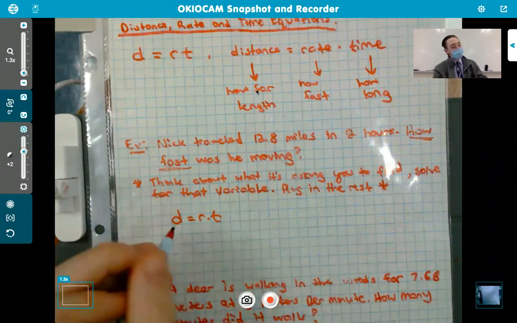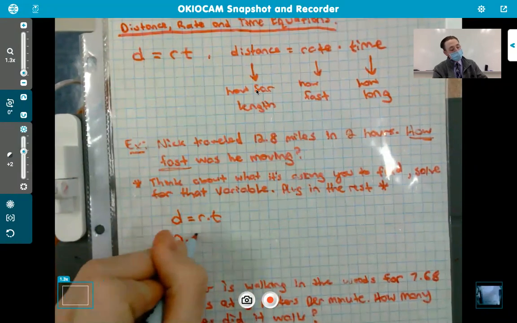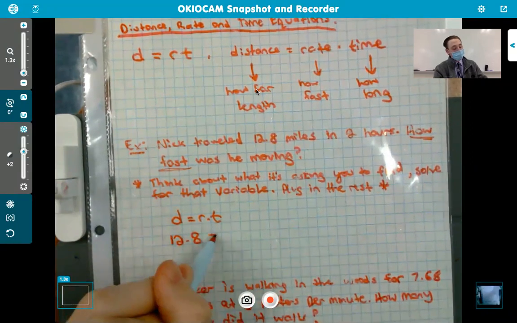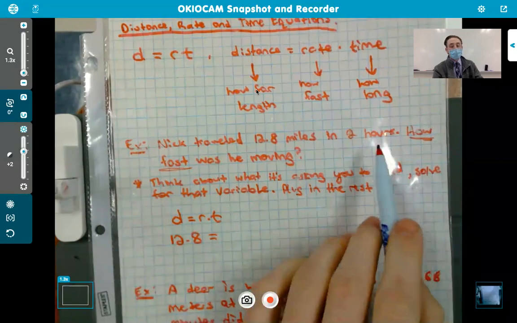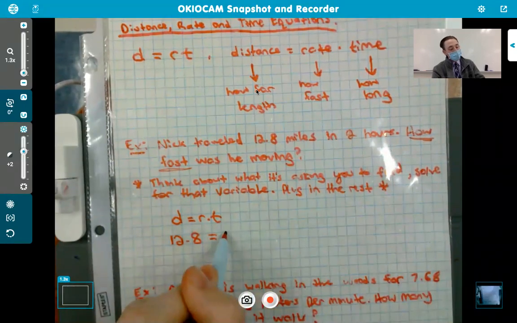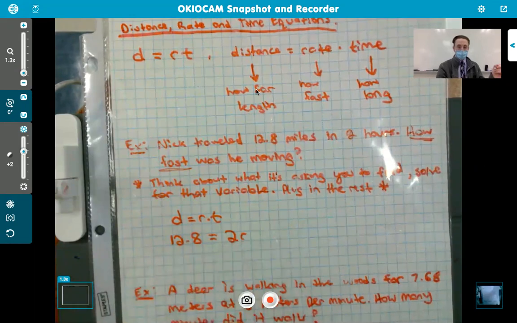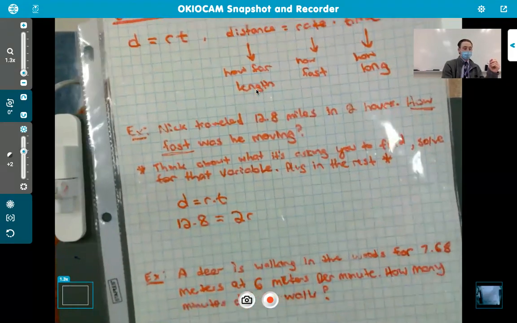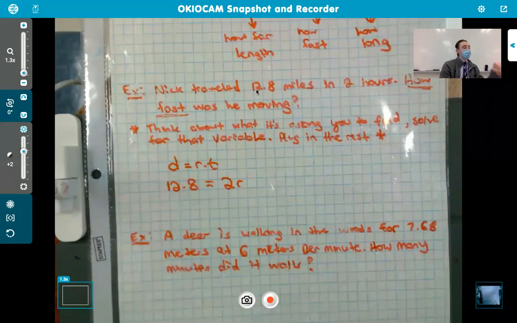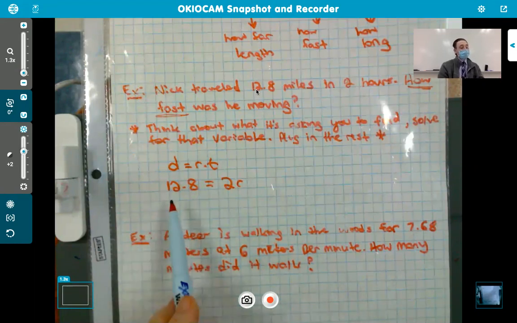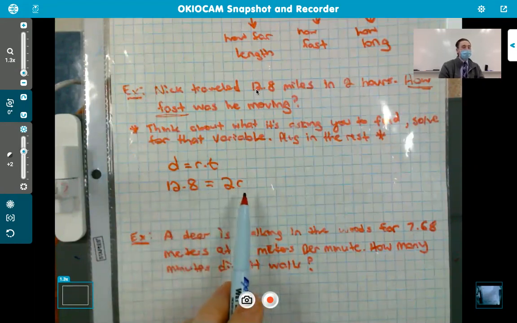We know he's traveling 12.8 miles. We don't know how fast, but we know that he does it in 2 hours. So I'm plugging in all the values that I do know, and then I'm going to solve for the one that I don't, right? So I have 12.8 is now equal to 2 times R.